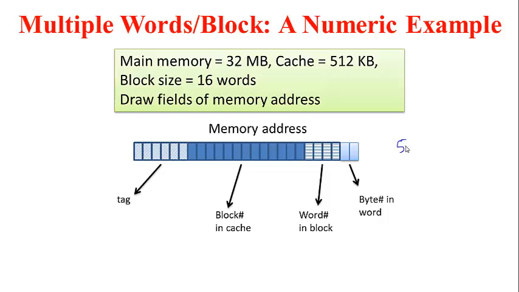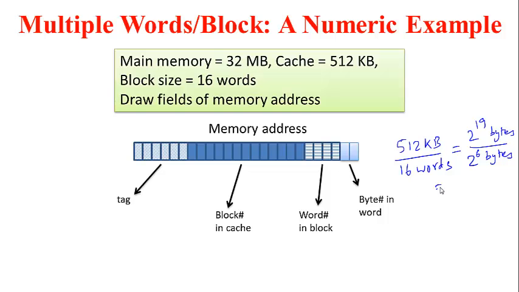Cache size is 512 kilobytes divided by block size, which is 16 words. This will give us the number of blocks in the cache. We need to be careful here because the numerator is in bytes and the denominator is in words. So if you do the arithmetic, this is 2 power 19 bytes and this is 2 power 6 bytes.